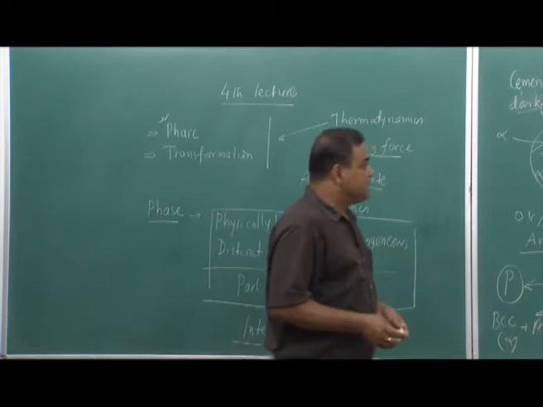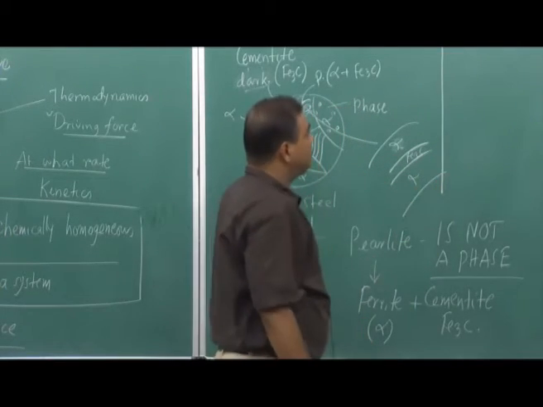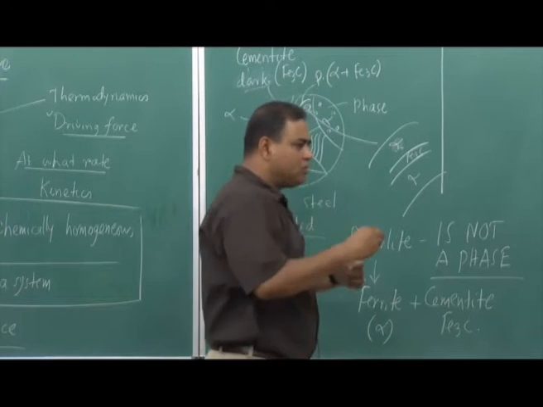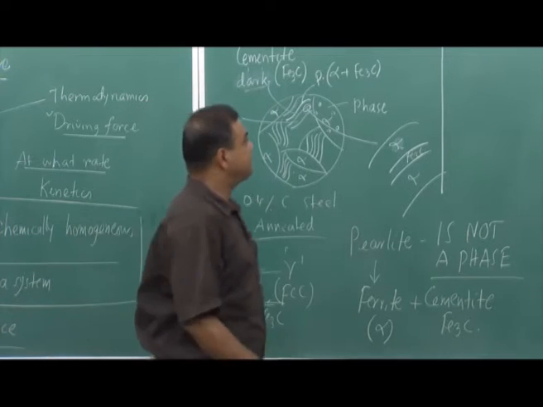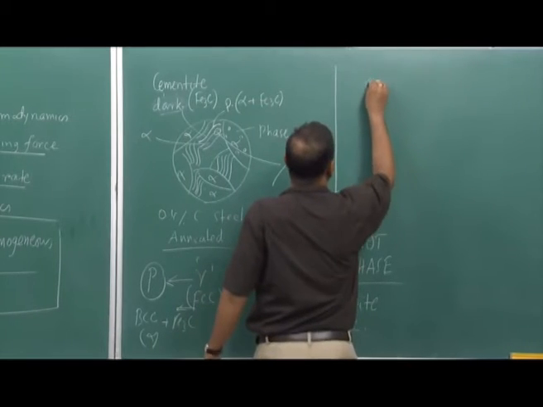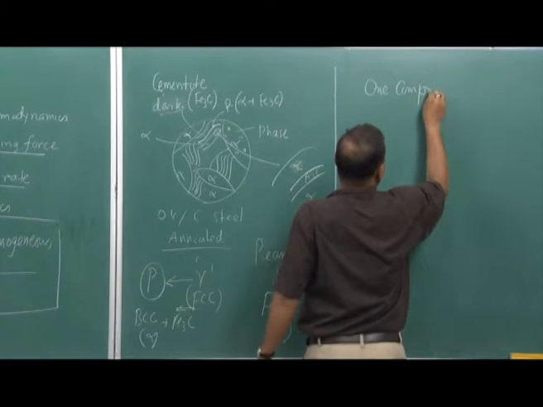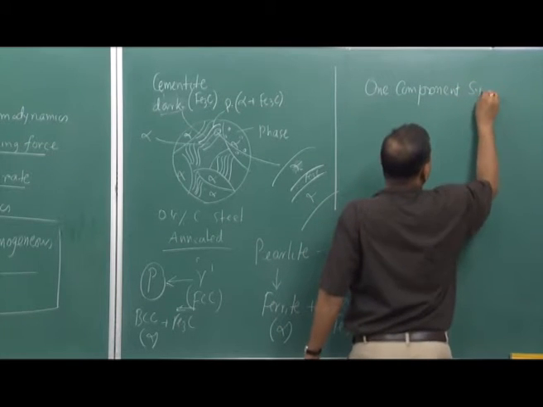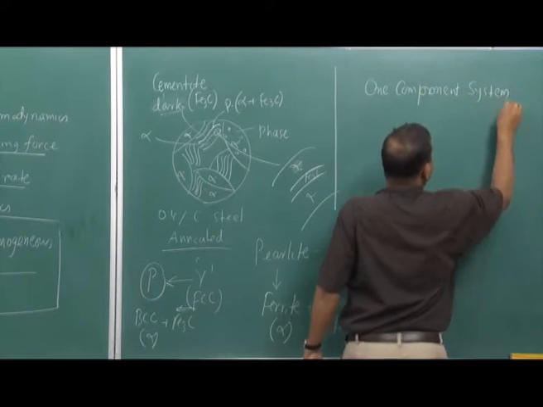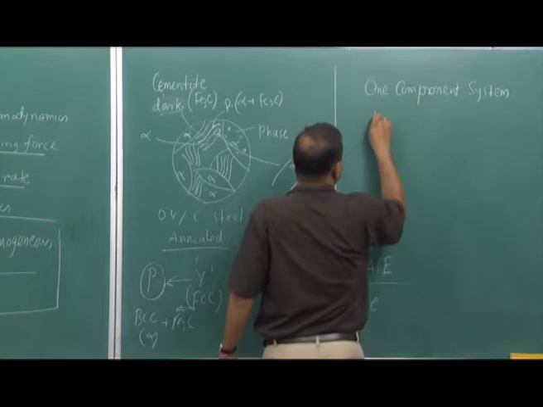In order to simplify those complications, we can go step by step. For example, initially we will consider a one component system, and then finally we will go to a binary system.